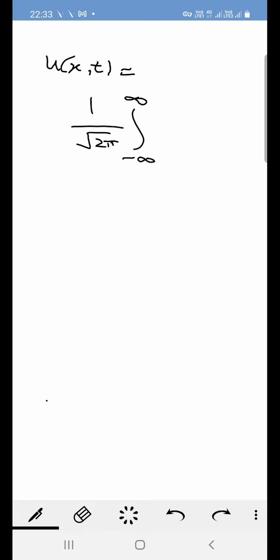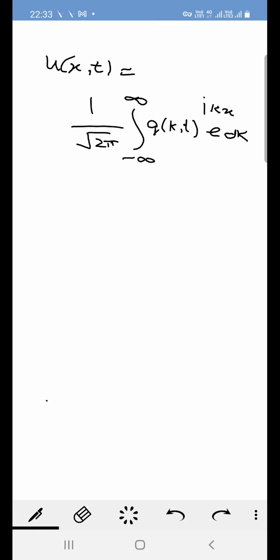So we can write u(x, t) is equal to 1 by root 2 pi, integral from minus infinity to plus infinity, the kernel g(k, t) e to the power ikx dk. So this is how we represent u(x, t).